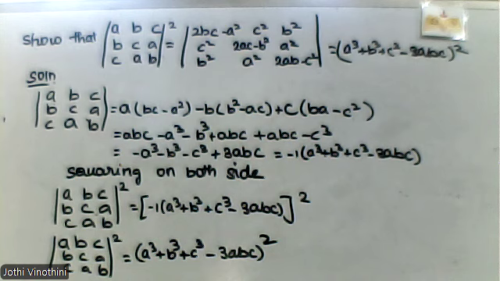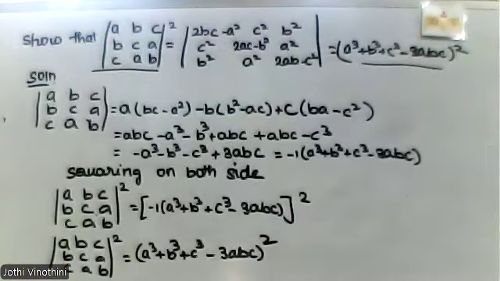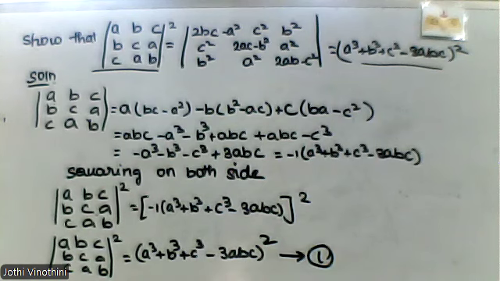Clear? See the question, we proved this. This one is equal to this one. Clear? This is the first step of the sum, so I am going to name it as equation number 1. So what we did here, we simply took this matrix and expanded its determinant along row 1.